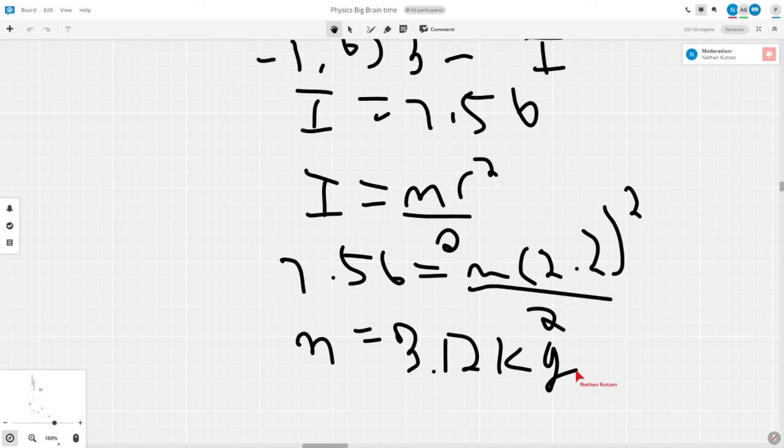Okay. I might have done it wrong, but I don't think I did. 7.56 divided by 2.2 squared seems like a pretty reasonable number. No, you're right. I just pressed something wrong.